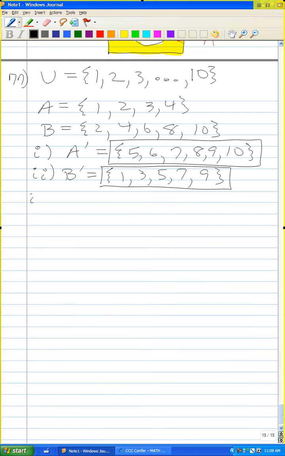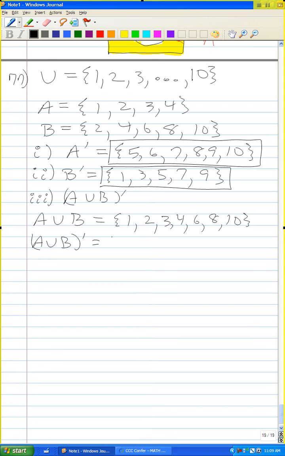3. A union B, complement. So first let's figure out A union B. So what's in A or B? So it's 1, 2, 3, 4, 6, 8, 10. Let's find what's not in that set.